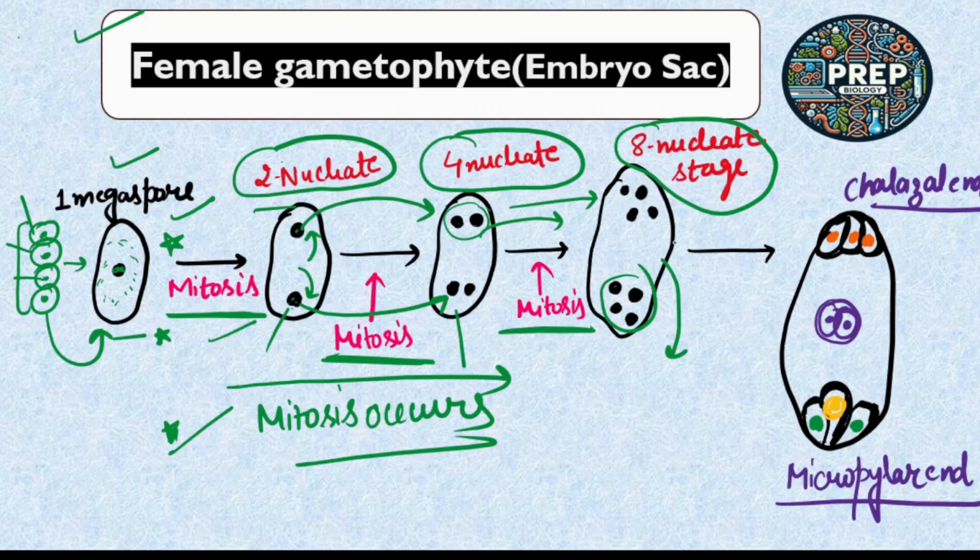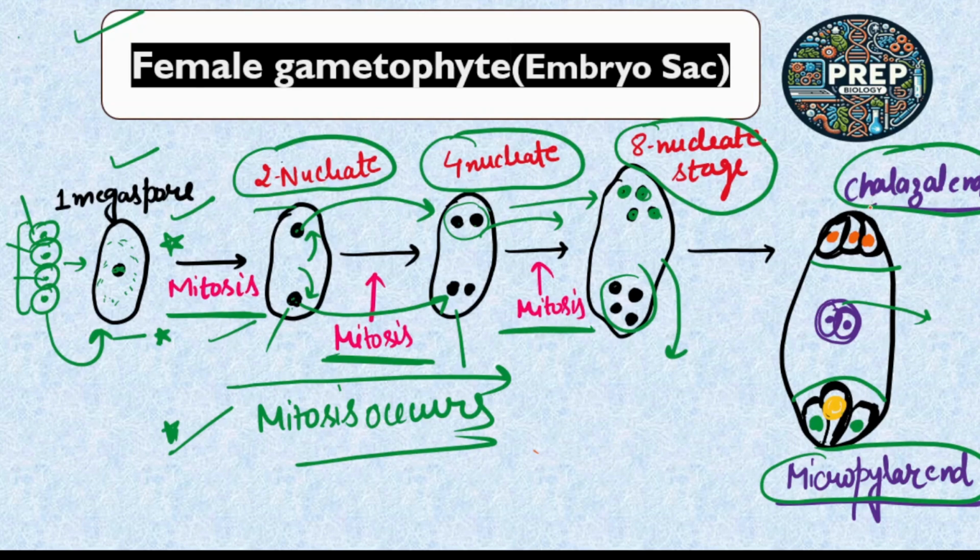Now these 8 nuclei will be arranged in such a manner that 6 nuclei, or 6 cells, are shifted towards the poles, and 2 nuclei are arranged in the center. So we know that we have the chalazal end and the micropylar end.